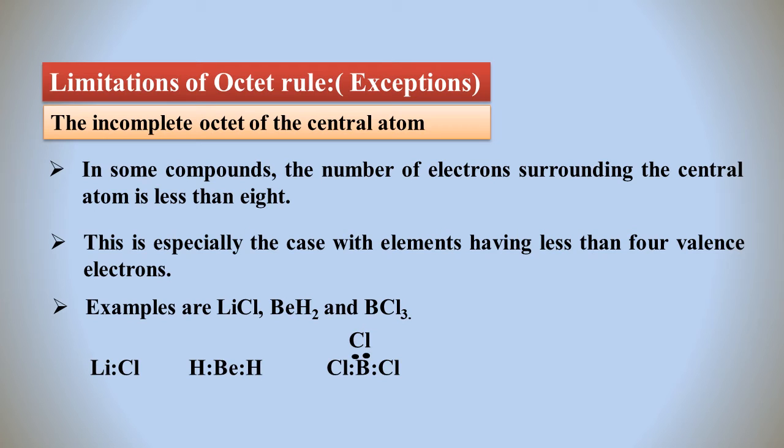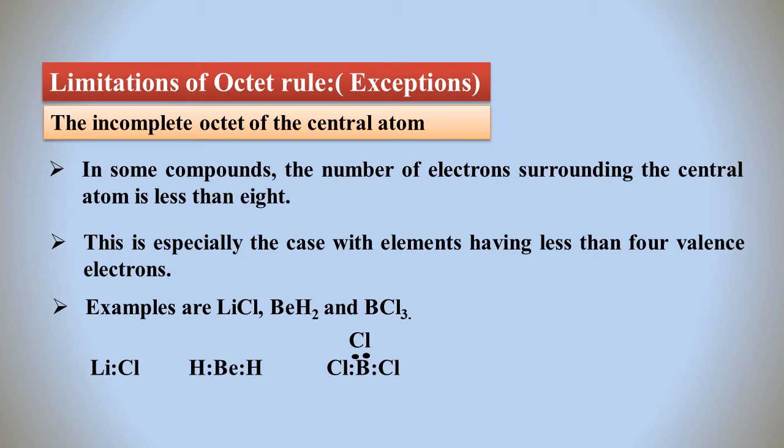When you look at the drawing, you can see that not every atom is surrounded by 8 electrons. This is especially the case when the element has fewer than 4 valence electrons.